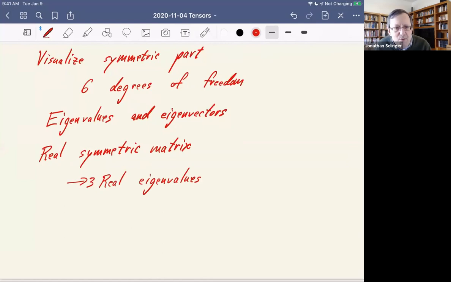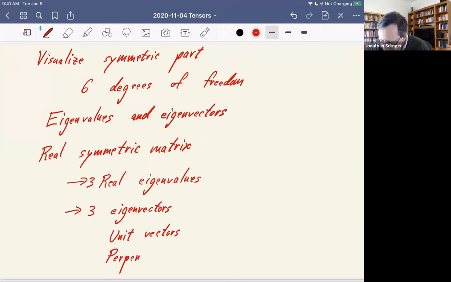We don't know if they're the same or different, but there are 3 numbers which are the eigenvalues of that matrix. Each of those eigenvalues corresponds to an eigenvector. There are 3 eigenvectors which can be defined as unit vectors, and they are perpendicular to each other.